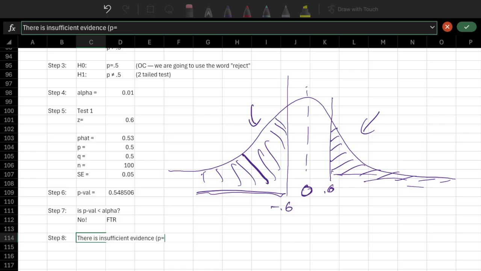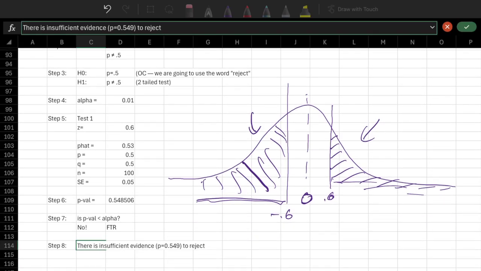P equals 0.549, there we go. There's insufficient evidence to reject. Didn't I say we'd use reject? Yes, I did, because the original claim was in the null hypothesis. There's insufficient evidence to reject. We are failing to reject, right? Because the data is not rare enough.